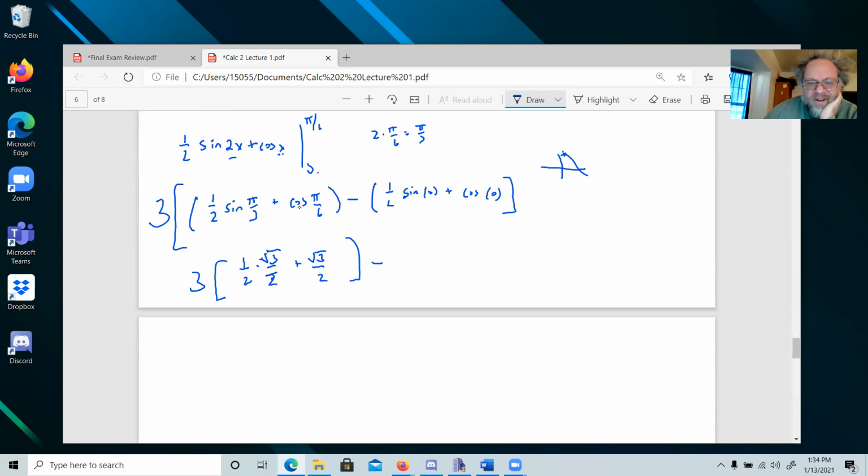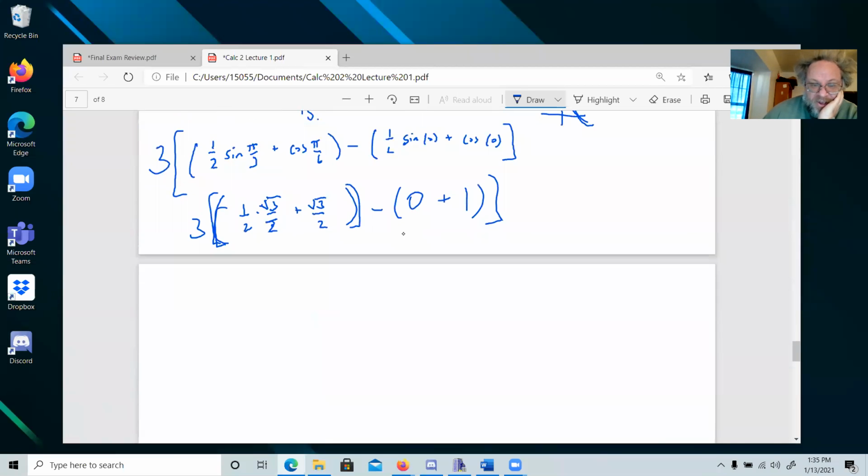Minus, all right, oops, still parentheses. Sine of 0, 0, cosine of 0, 1. Okay, that's a tough one. So you have to remember cosine, again, looks something like this, cosine of 0, 1. Okay, so what do we have here?